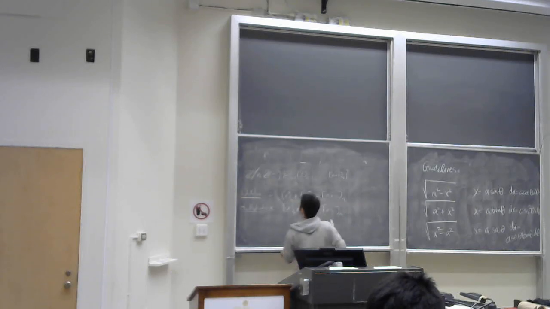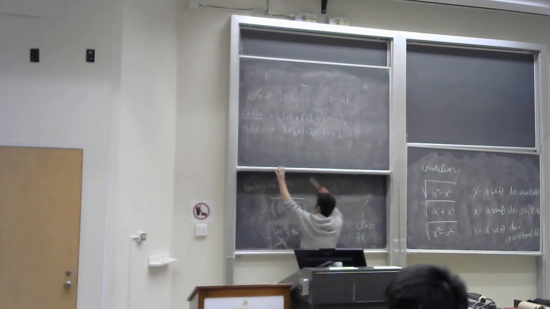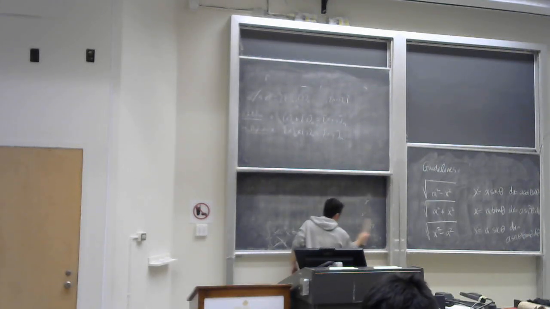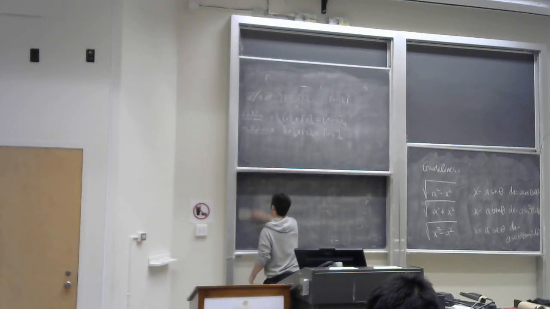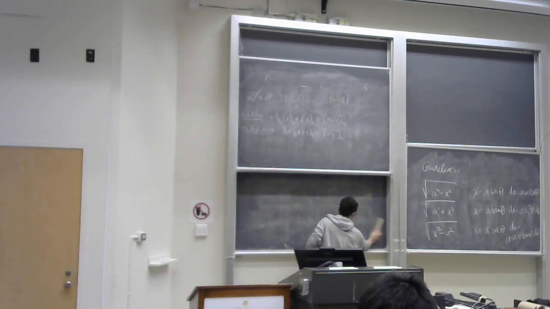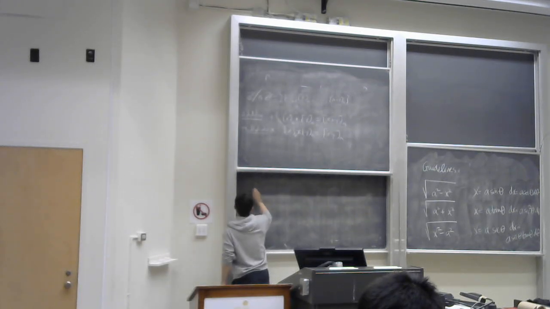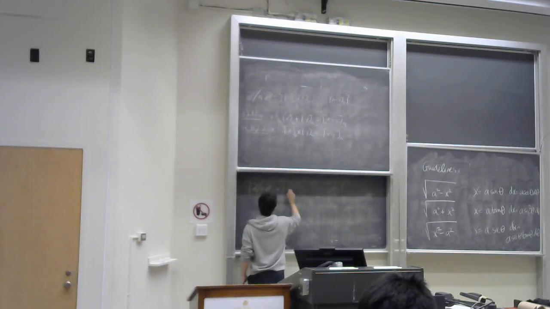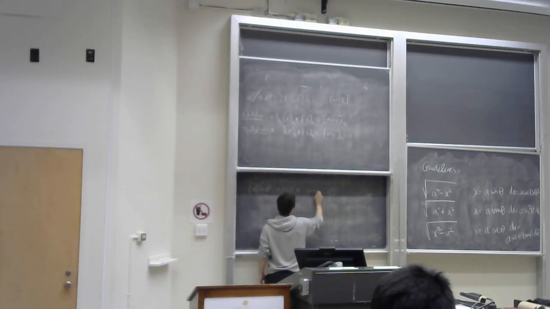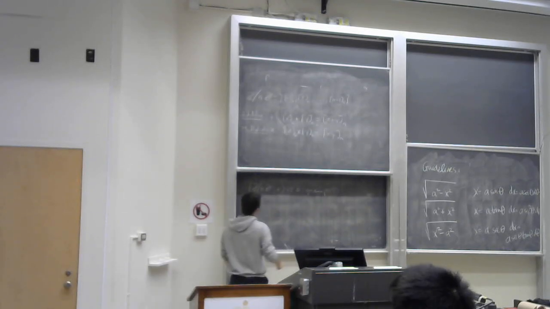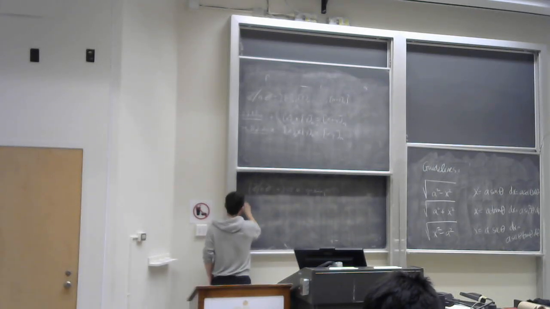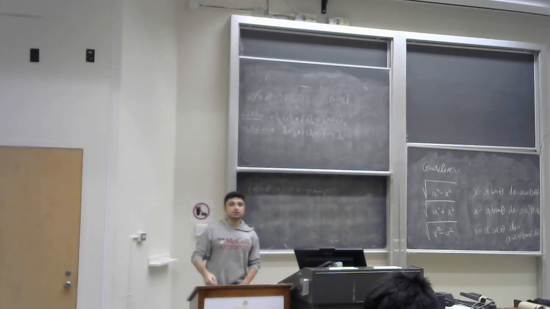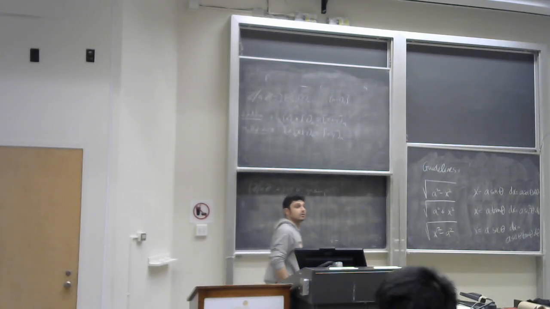Now, the first thing to do is to show that Z modulo nZ is a group under addition. Why is that? Well, first, do I have a neutral element for addition? Yes.